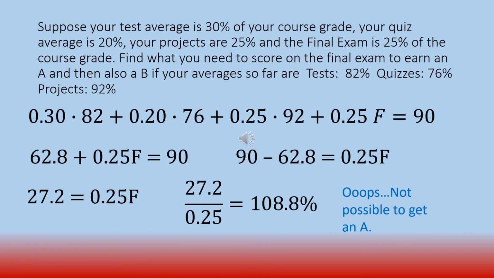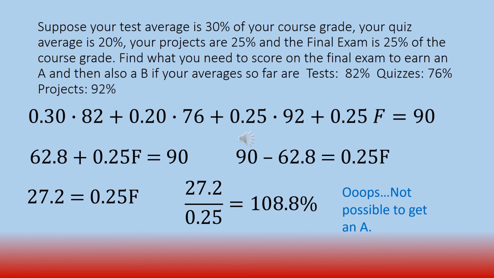If you're trying to get an A, you want that to equal a 90. We're assuming 90 is a minimum for an A. So 90 minus 62.8 should equal 0.25 times your final exam score. 27.2 is what you obtain when you take 90 minus 62.8.